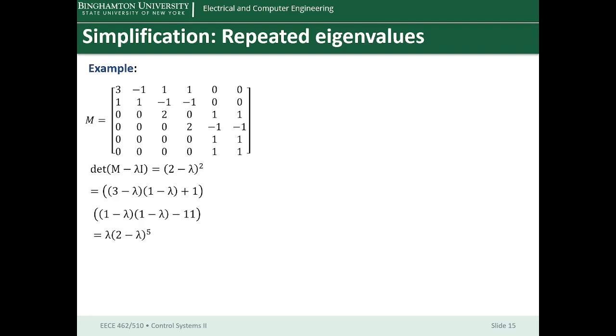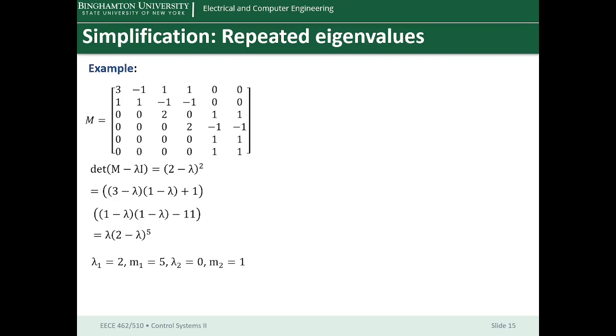One is simply lambda, and the other is (2 minus lambda) raised to the 5th power. So this matrix has two distinct eigenvalues. The first one, lambda 1 equals 2, and the second one, lambda 2 equals 0. The eigenvalue 2 has algebraic multiplicity of 5, and the eigenvalue 0 has an algebraic multiplicity of 1.